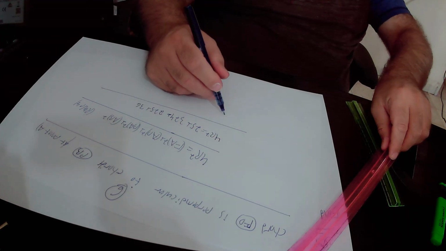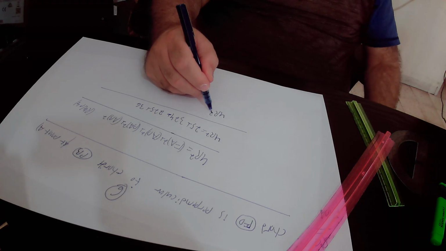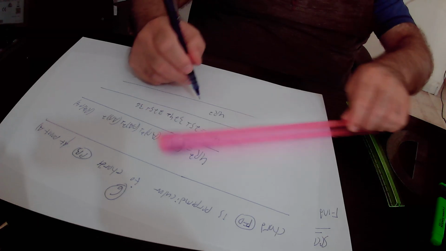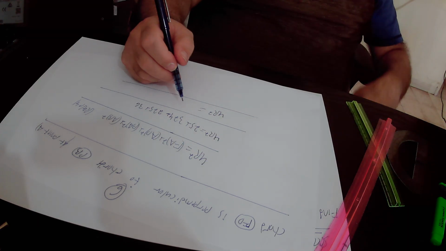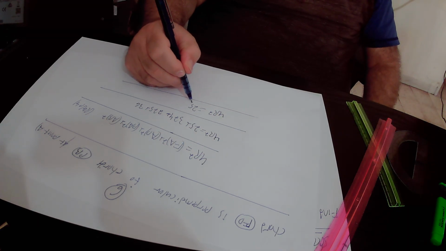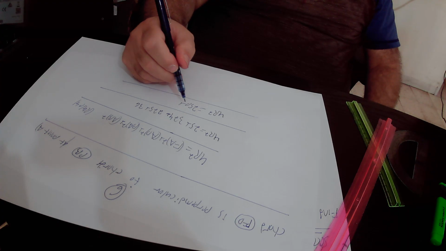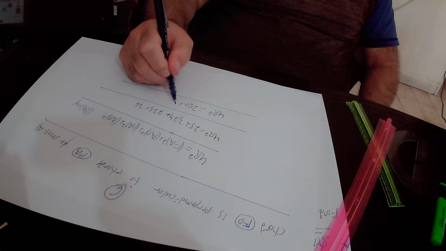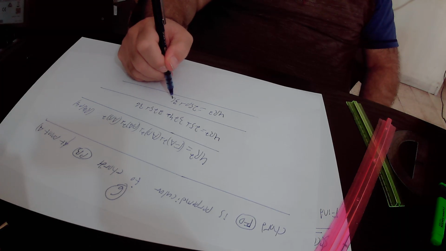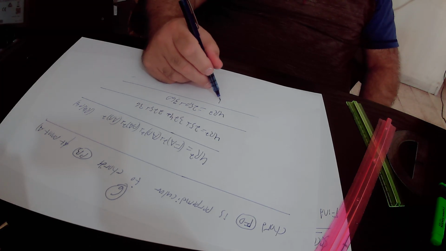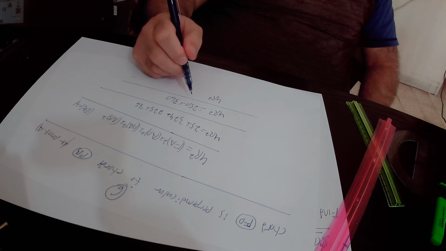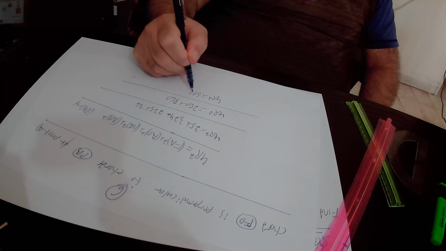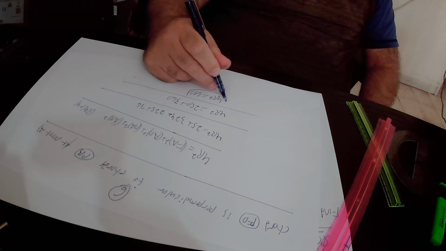In conclusion, 4R squared equals 25 plus 225 is 250, plus 324 plus 36 is 360. So 4R squared equals 250 plus 360 is 610.